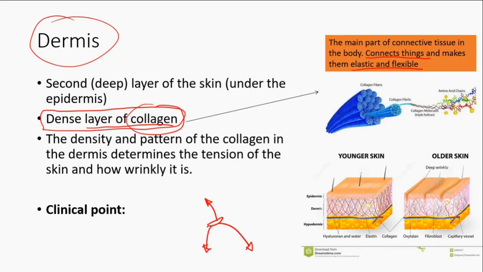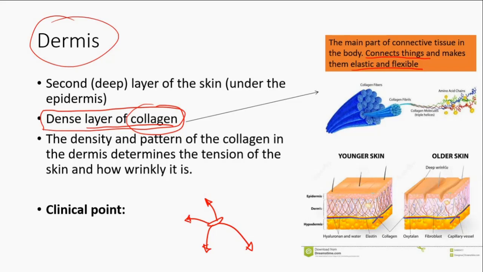You can stretch that hole out, put lots of instruments inside, open that incision up, and look at what's inside. The reason is that the dermis has lots of collagen inside it, which makes it very flexible. So when you're finished with the operation, you can remove everything you put inside the incision, and the skin will go back to its normal place.